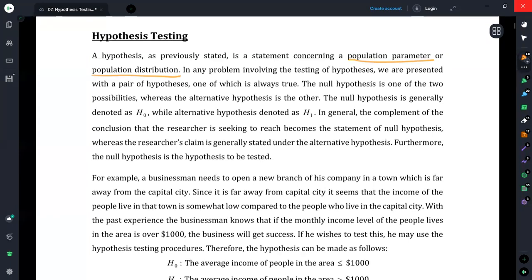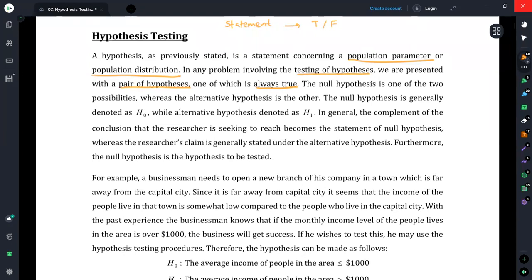Then, when we discuss the procedure of testing of hypothesis, we present a pair of hypotheses. One of these would always be true. If we have a statement, I told you that it can be true or it can be false.